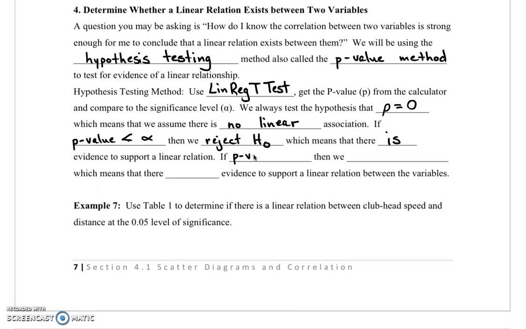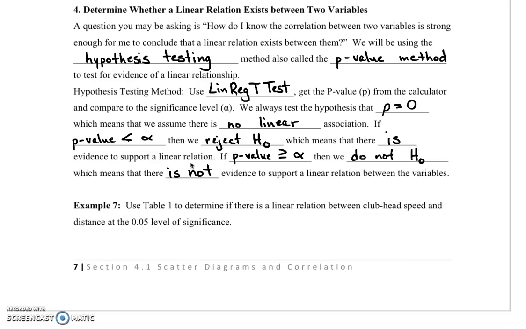If the p-value is greater than or equal to alpha, then we do not reject the null hypothesis, which means there is not evidence to support a linear relation between the two variables.